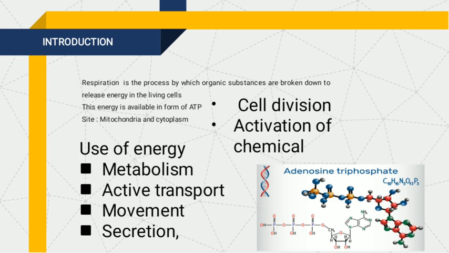Another process in our body that requires energy is the formation and secretion of substances from the cells, including digestive enzymes and hormones. Secretion of useful substances like enzymes and hormones.